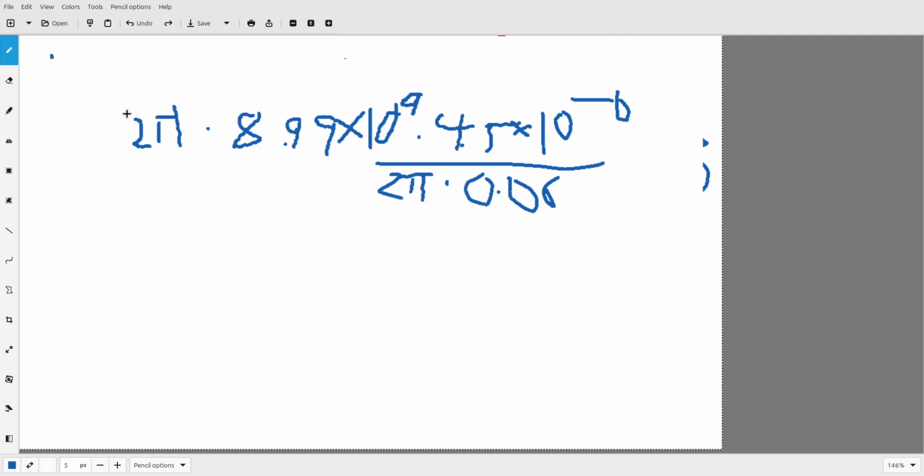Okay, now these 2 pi's cancel out here and here. We got to multiply this by r, which is still 0.06 meters. Multiply this by z, which is 10.0 centimeters, or 0.1 meters.